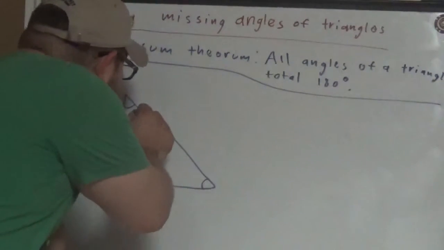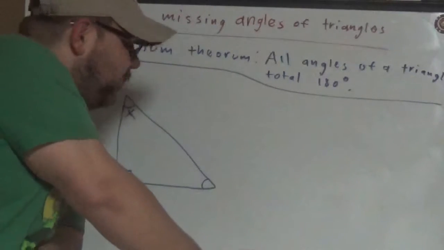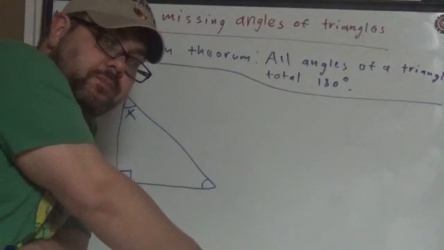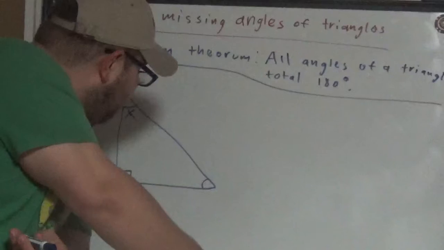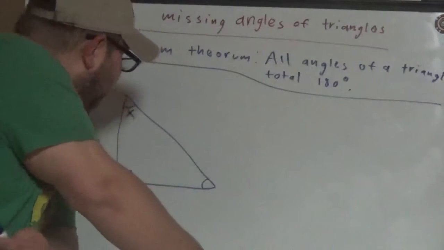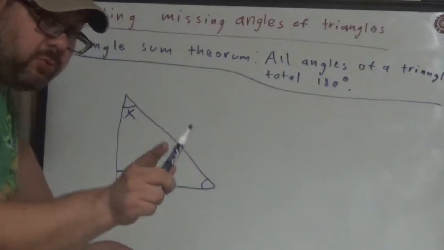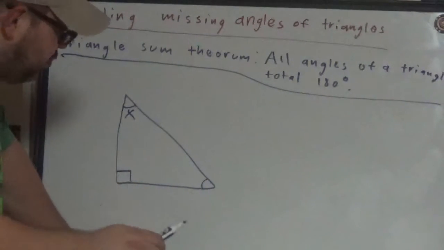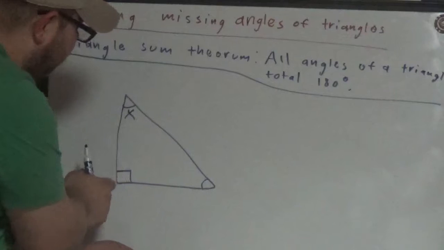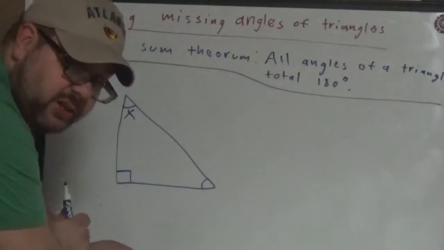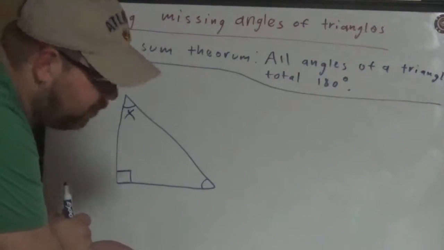I will put my x because I'll say, oh no, x equals. Well, I don't know, I don't have any numbers. Except I do, kind of. I have this. Hopefully you recognize this as a right triangle.